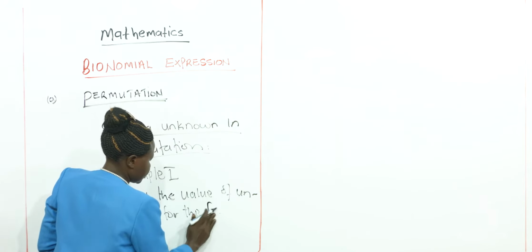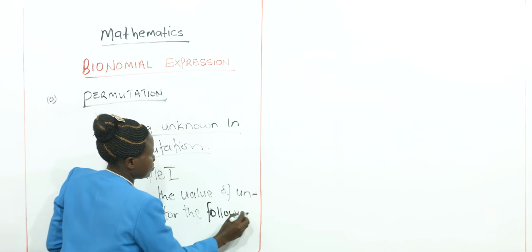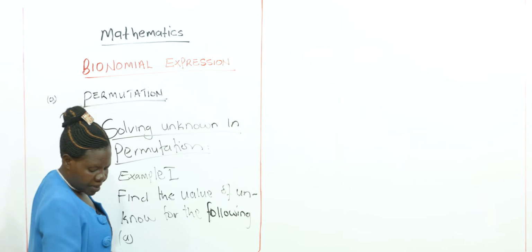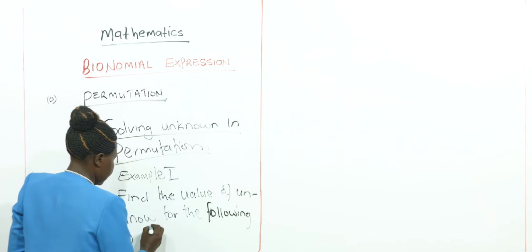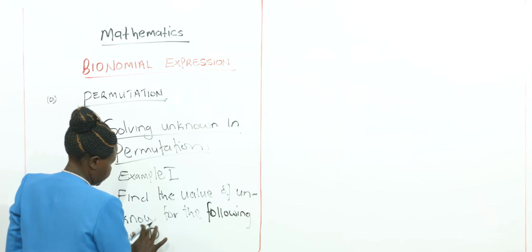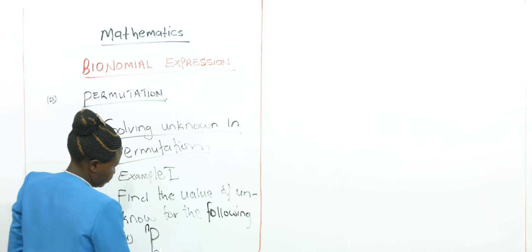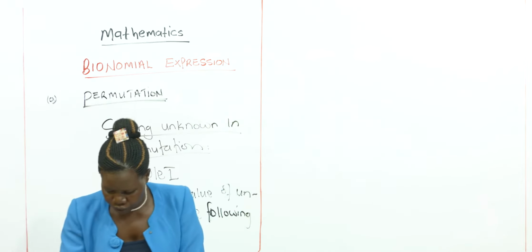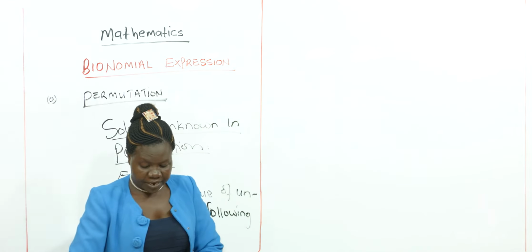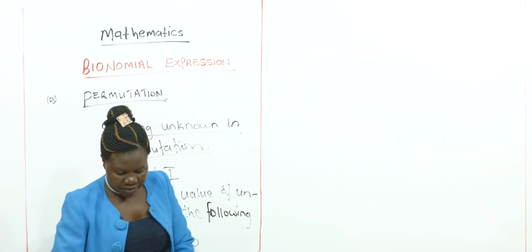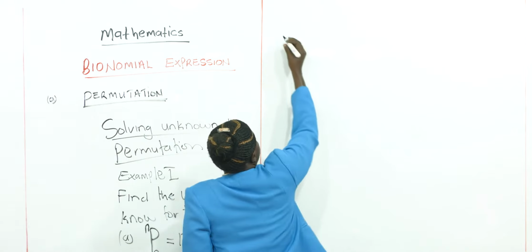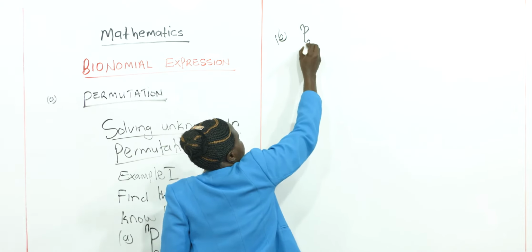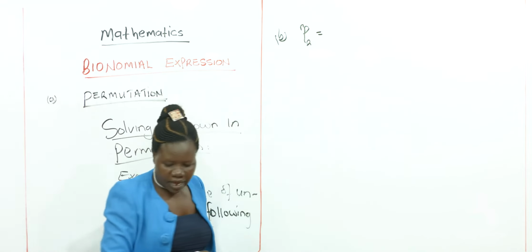A, P raised to n base 2 equals 120. And part B is P raised to n base 2 equals 30.